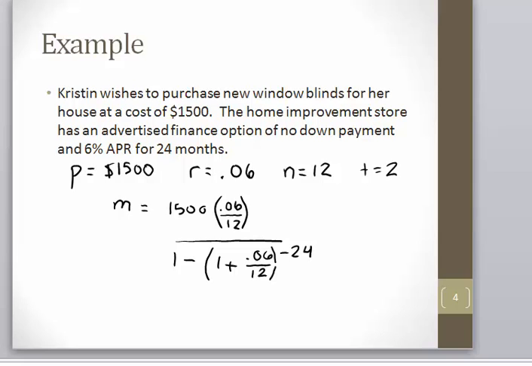Another thing that we can calculate is the 0.06 divided by 12. So in your calculator, if you take 0.06 and divide by 12, you're going to get 0.005.